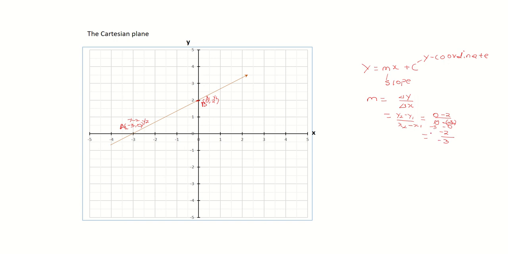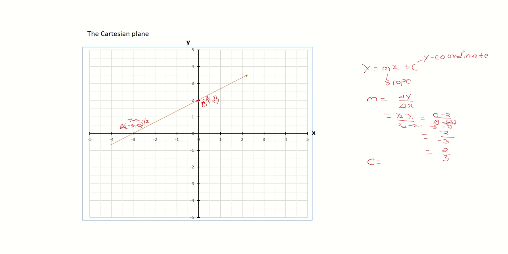I saw that because the slope of this line is positive, as it's an increasing slope, so I knew that there had to be a mistake there. We actually have 2/3 as our slope. Then the y coordinate, how do you find the y coordinate? In this particular example, c, the y coordinate, is just where the line intersects the y-axis, and we see it's at 2.